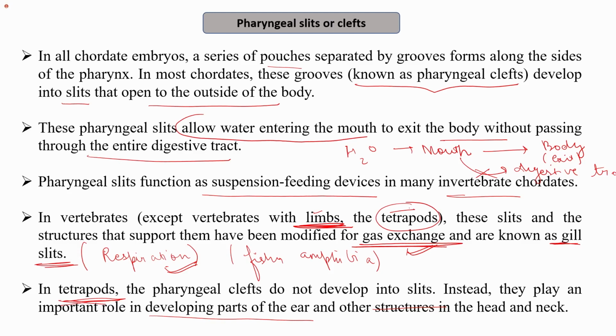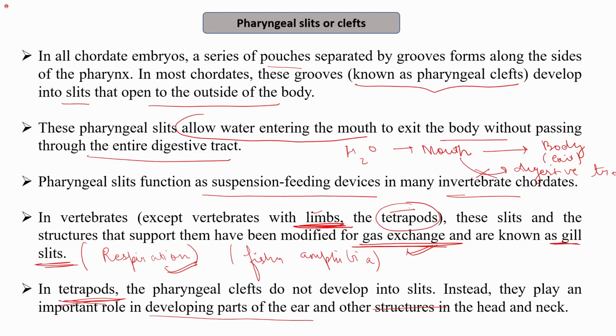All the chordates have these pharyngeal pouches that are present along the sides of the pharynx. In most chordates, they are called pharyngeal clefts and they develop into the slits. For example, in vertebrates that do not have limbs, that is, except tetrapods, these pharyngeal clefts function as gill slits, helping in respiration, providing the exchange of gases.